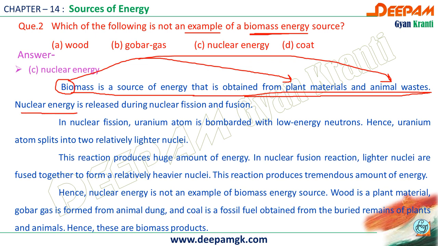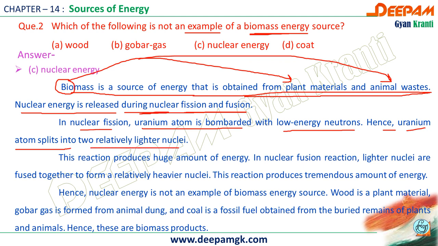Nuclear energy is released during nuclear fission and fusion. In nuclear fission, a uranium atom is bombarded with low energy neutrons. Hence, the uranium atom splits into 2 relatively lighter nuclei. This reaction produces a huge amount of energy.